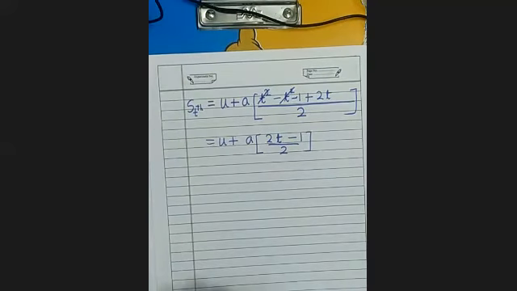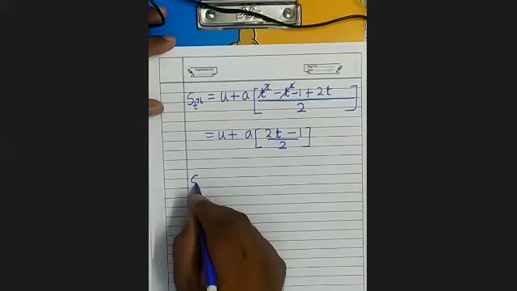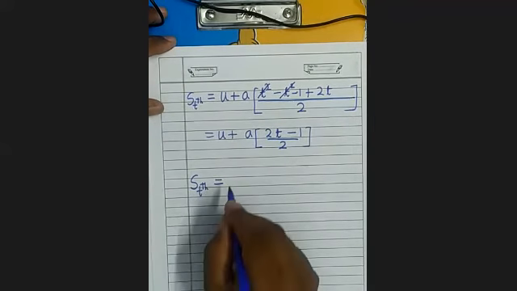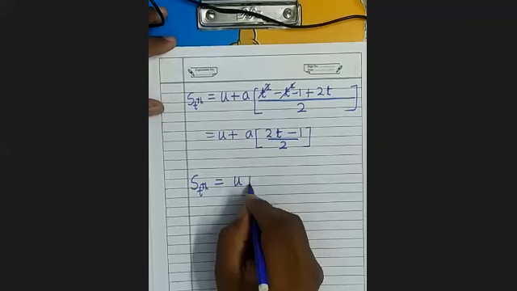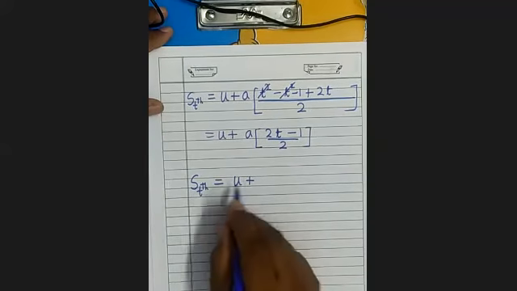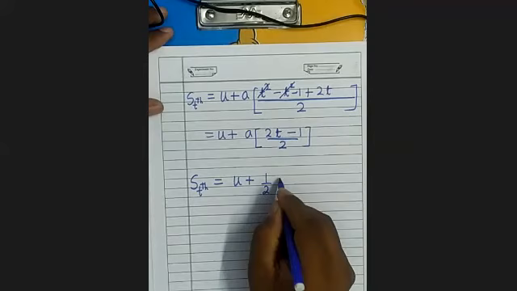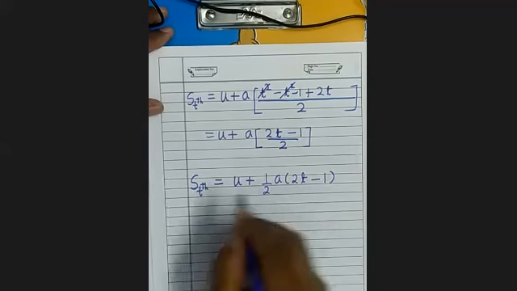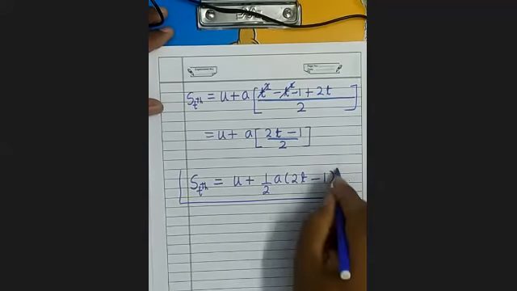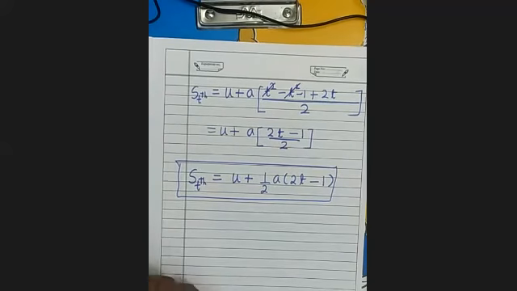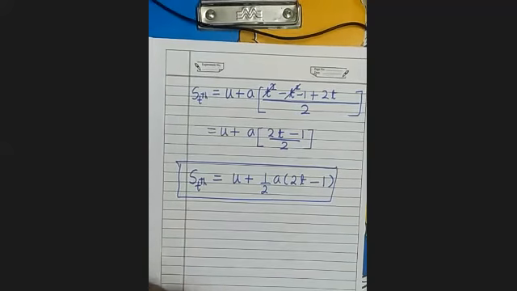So we can write it as S_t^th, the distance traveled in the t-th second under uniformly accelerated motion: u plus 1 by 2 a into (2t minus 1). This is the distance traveled in the t-th second.